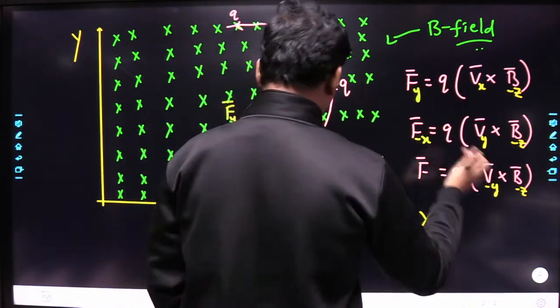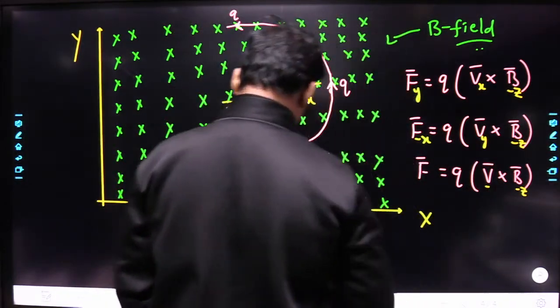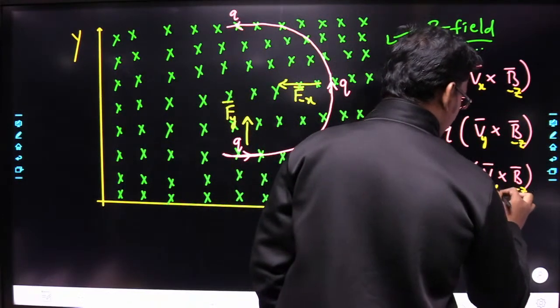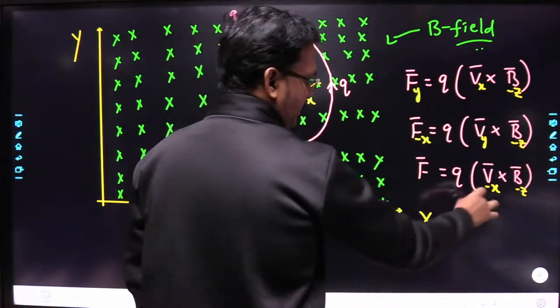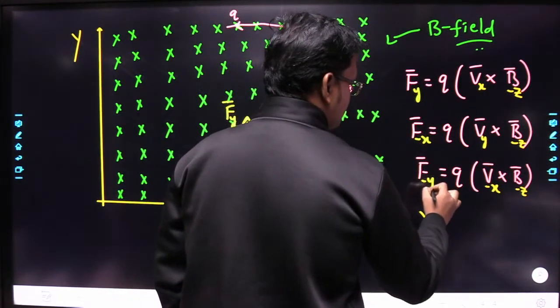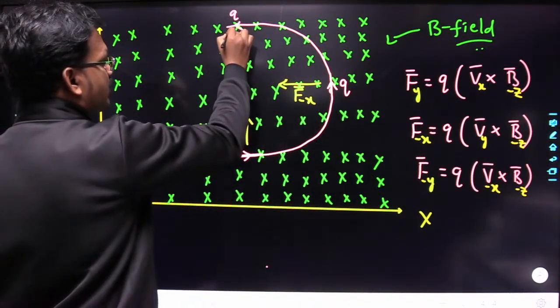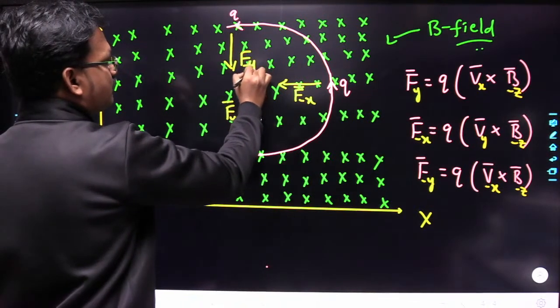Sorry, it is moving in the negative x direction, right? The B field is in the negative z direction. So minus into minus will become plus. X cross z is nothing but minus y. So it is going to experience the force in the negative y direction.